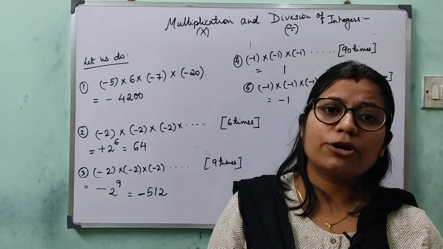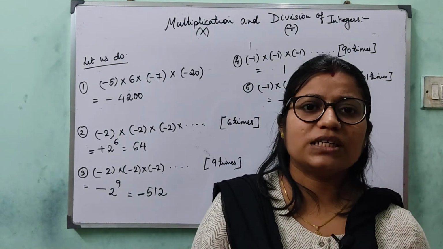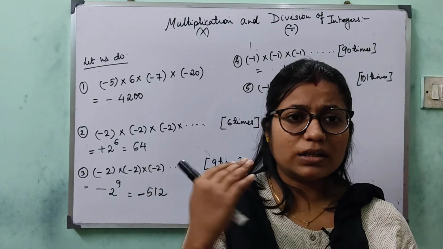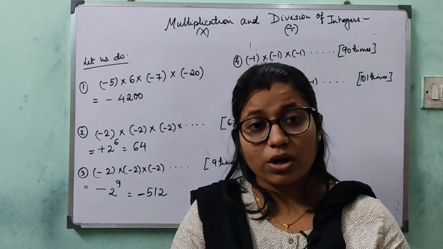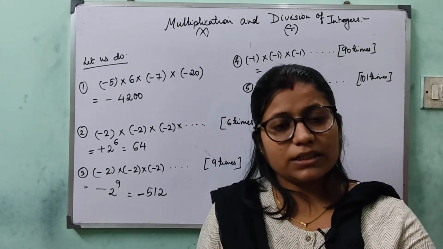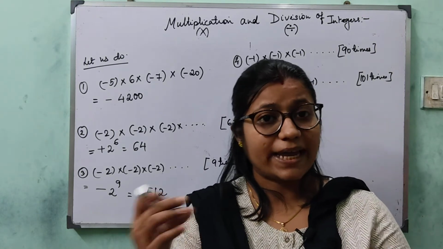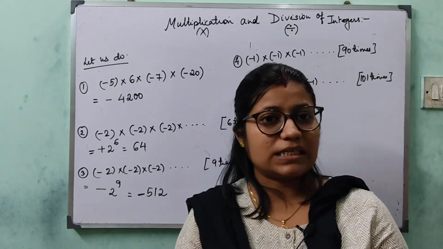And if there are an even number of negative integers involved along with some positive integers, we are not using them for the sign consideration. It's always the negative integers which we will see for the sign consideration. But the positive numbers, of course, are being used to find the product. But for the sign we always consider the negative integers.